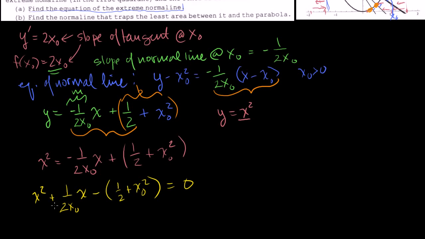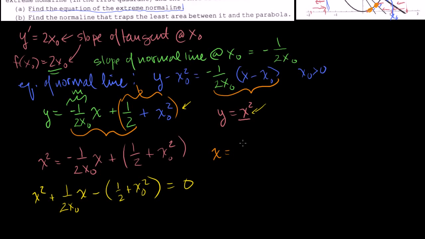So the x values that satisfy this quadratic equation will tell us where our normal line and our parabola intersect. So let's just apply the quadratic equation here. So the potential x values where they intersect, x is equal to minus b. I'm just applying the quadratic equation.